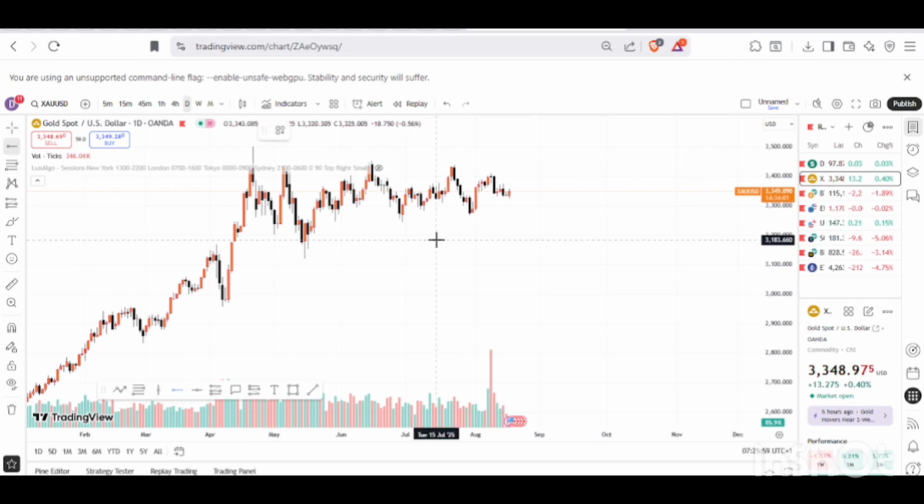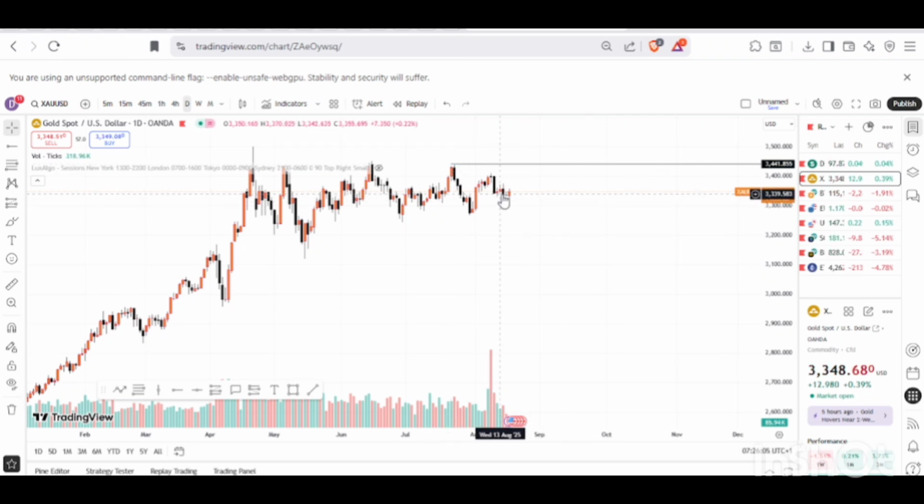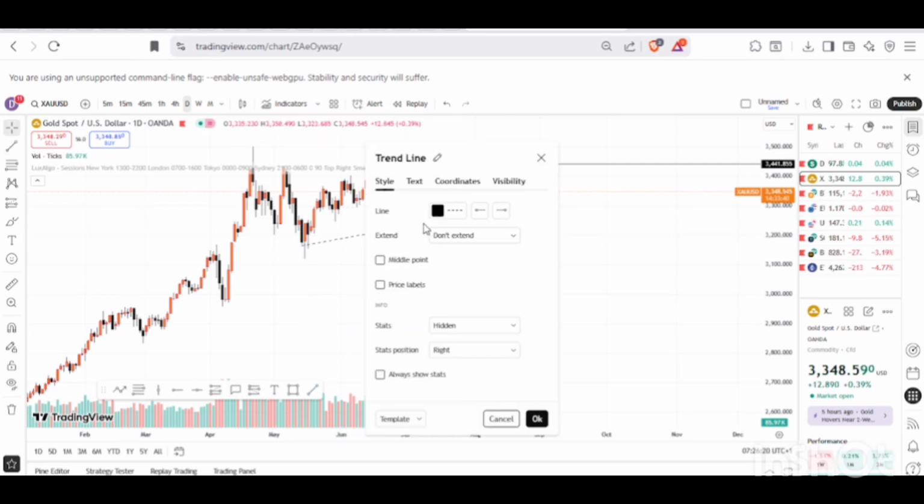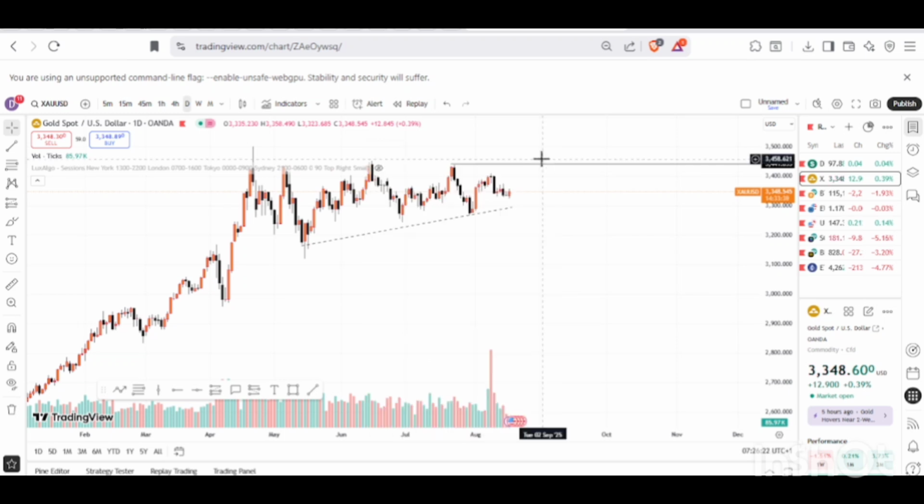We can see that gold is most likely coming for this high. So most likely buy into the zone and break higher and even continue rallying higher, because you can see gold is also maintaining this trend. So it clearly shows us that gold is in an uptrend.